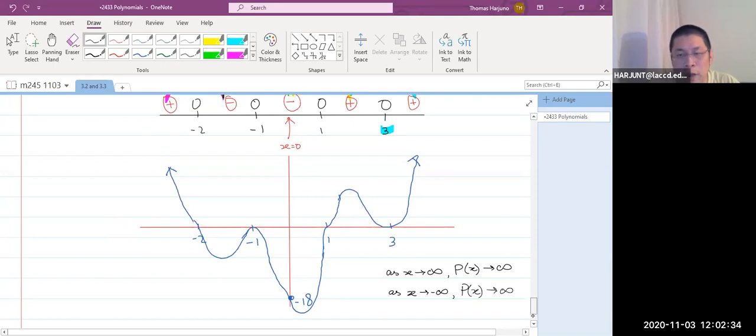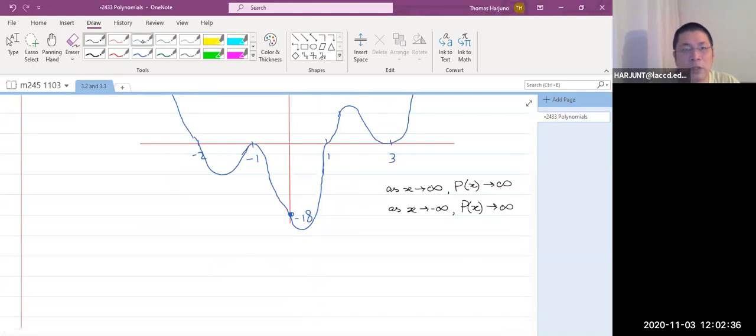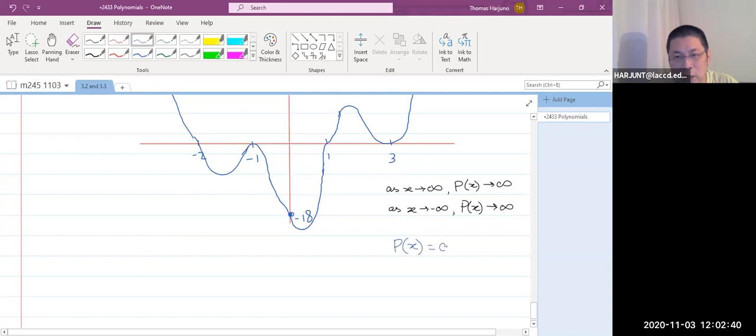But we only have this situation. It means the polynomial must have a positive leading coefficient and the degree must be even.